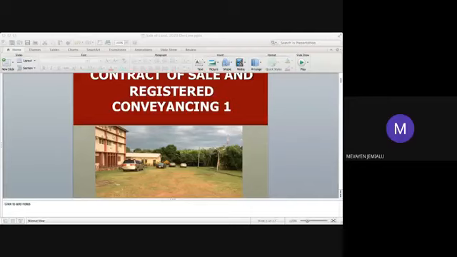Now we're going to be looking at 2 of these stages in the course of this lecture, and they are the pre-contract stage and the contract stage. Now, when we talk about pre-contract, this deals with the process whereby maybe a purchaser is interested in acquiring a piece of property which may be developed or bare land.